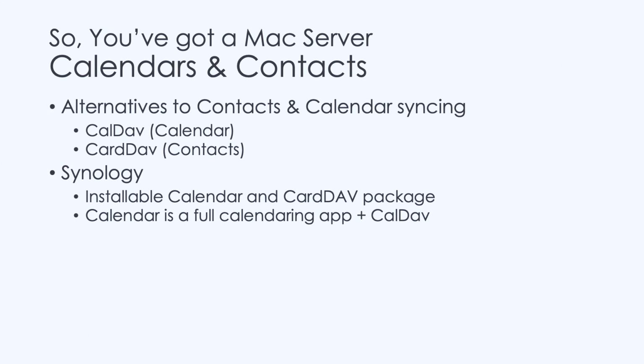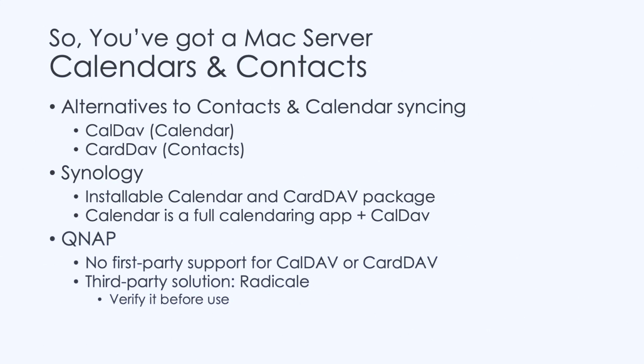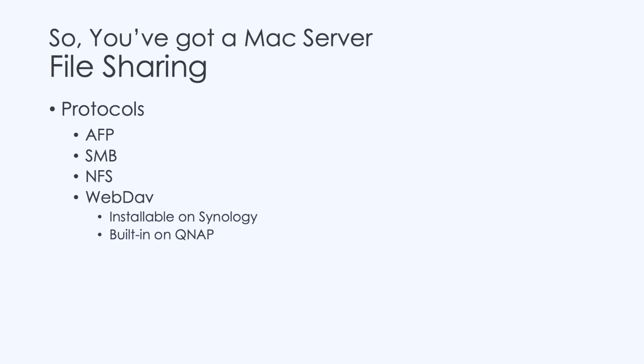But you can plug these into Calendar on macOS or Contacts on macOS, and they'll synchronize for you. And QNAP doesn't have a first-party CalDAV or CardDAV solution. They do have a third-party one that I came across called ReadyCal, but you should verify it before you use it.